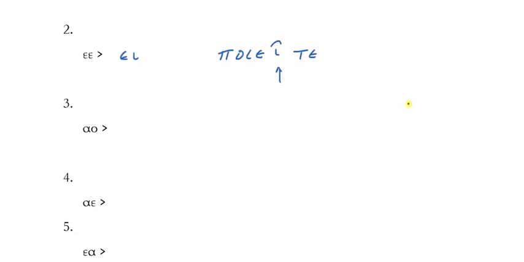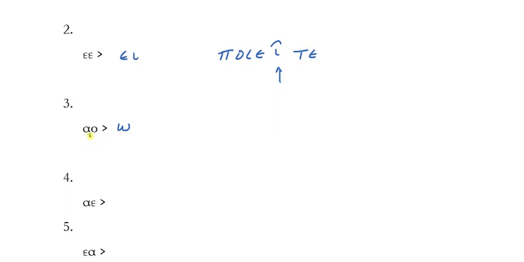Let's look at the third one. Here, an alpha meeting an omicron is going to produce an omega. Here is the deal with all forms of omicron and omega meeting a vowel.